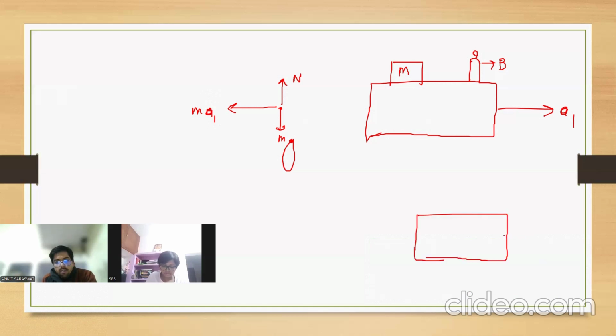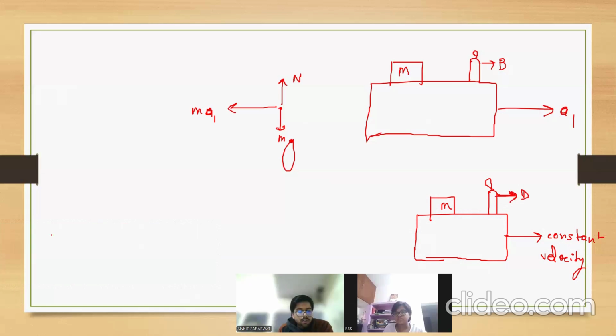If this is going with constant velocity, clear? And object is here. Now tell me, according to this observer D, what is the direction of pseudo force? So no pseudo force.